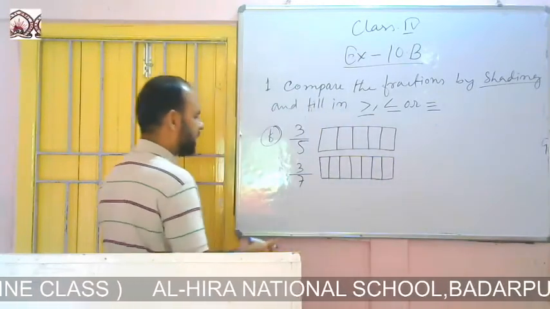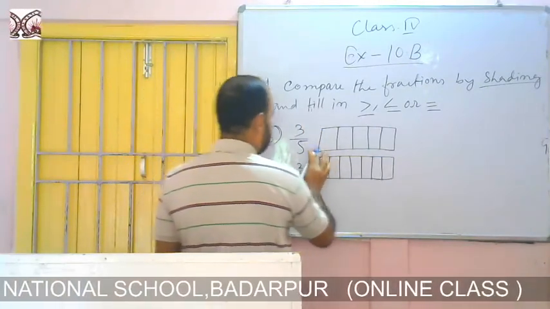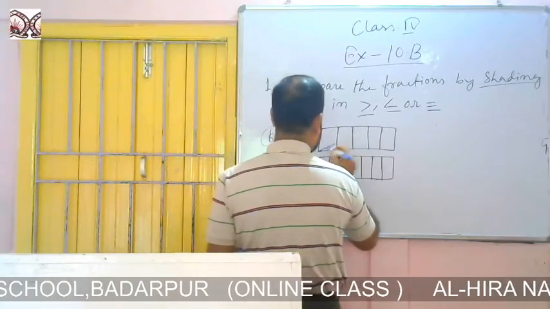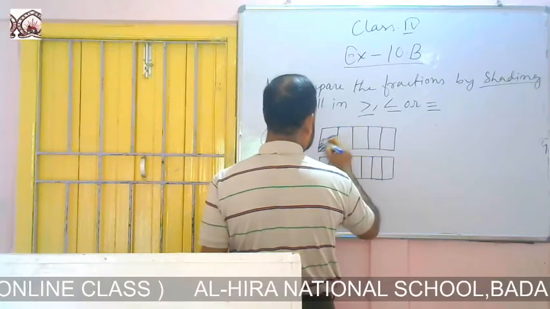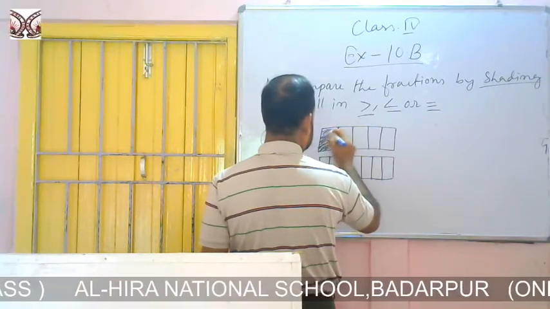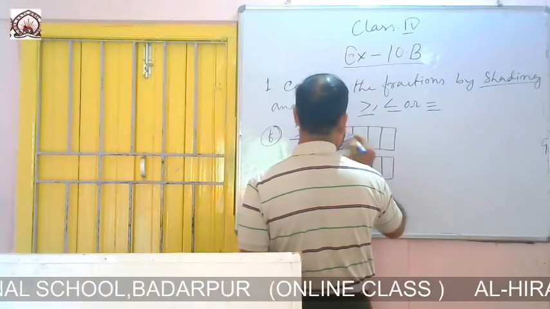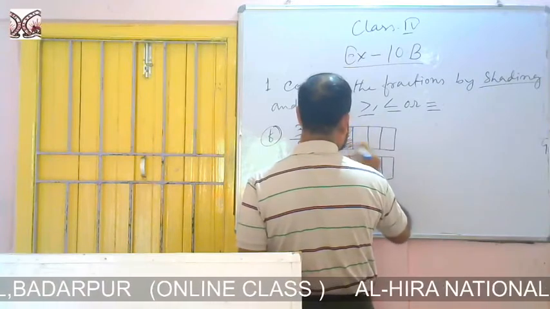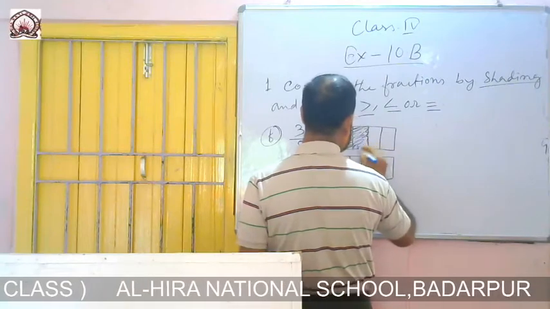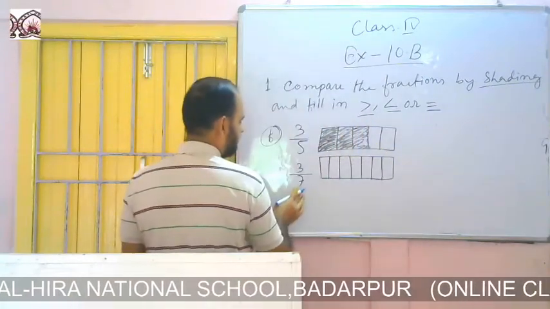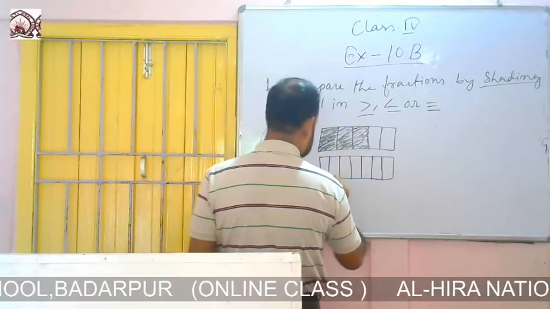So 7 equal parts. Here 3 by 5 means out of 5 parts, we color 3 parts. One, 2, 3, up to this much. Next, out of 7 parts, we color 3 parts.